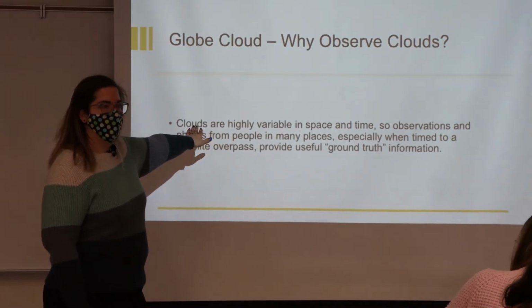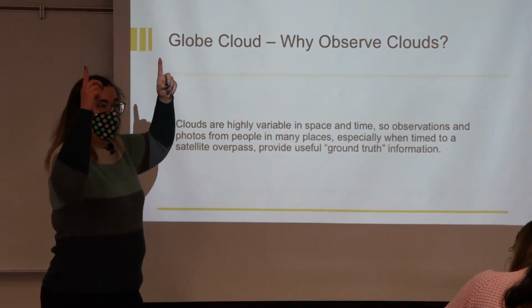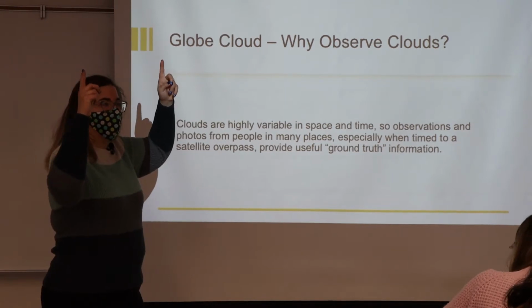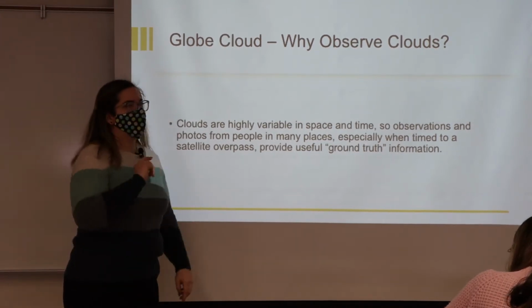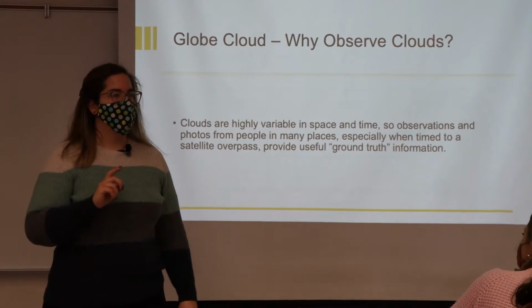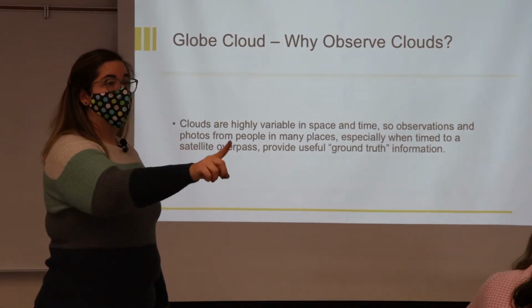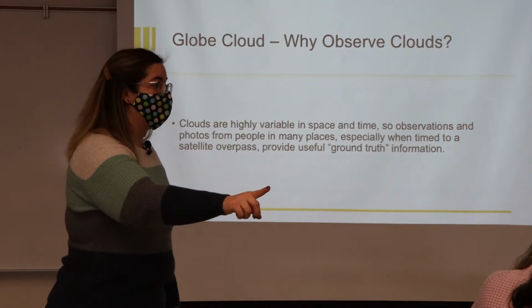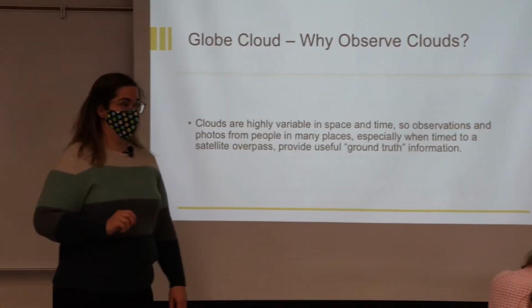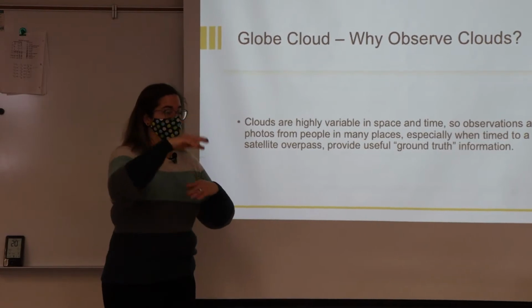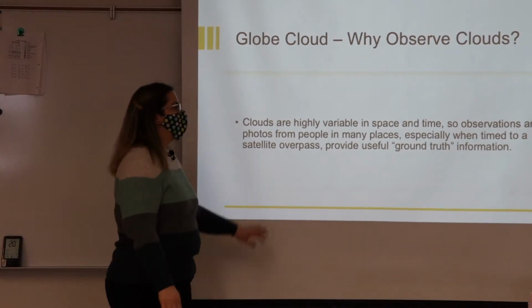Where are those pictures taken? Space. Up in the sky, right? The satellites. But remember, how do we classify clouds? What were the 2 things we needed? Height from where? From the ground. So it's kind of tricky for a satellite to tell height from the ground on some of these low-level, low-lying clouds. That's where you come in.